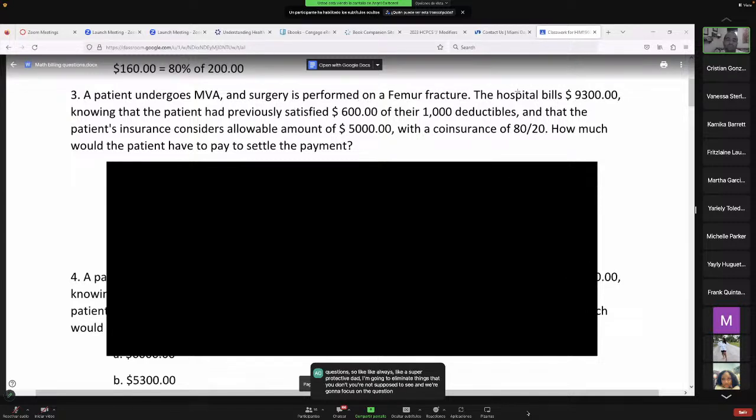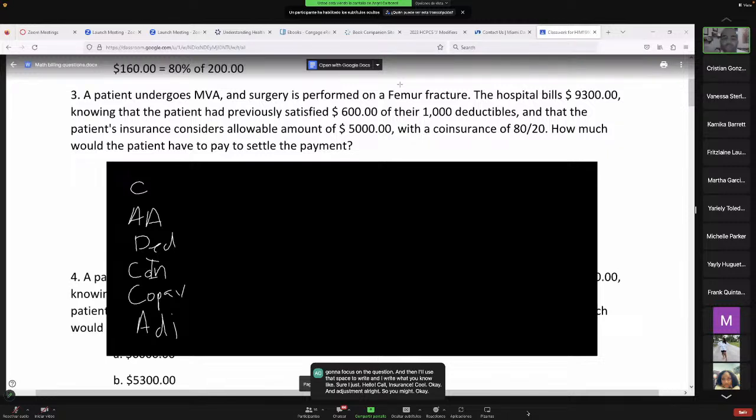Then I'm going to use that space to write: charges, allowed amount, deductible, co-insurance, copay, and adjustment. I always write it even though you might not do it.